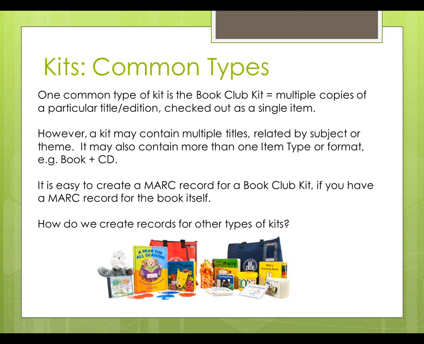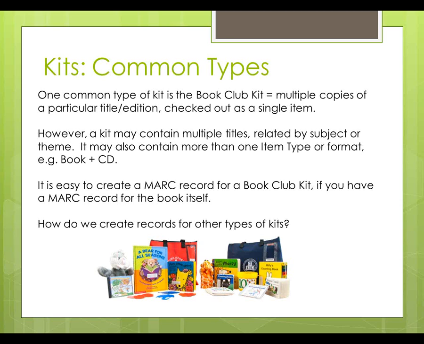But when you're making a MARC record for a book club kit, it's not substantially different than the record would be for a copy of the book. Obviously, you need to change a few things around to indicate that you're getting multiple copies together, but the subject information and publisher information are all substantially the same.